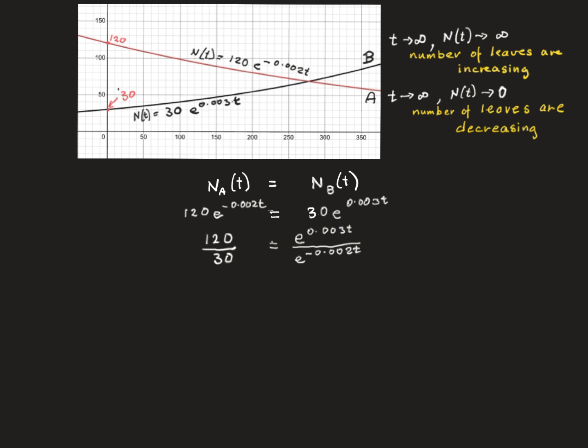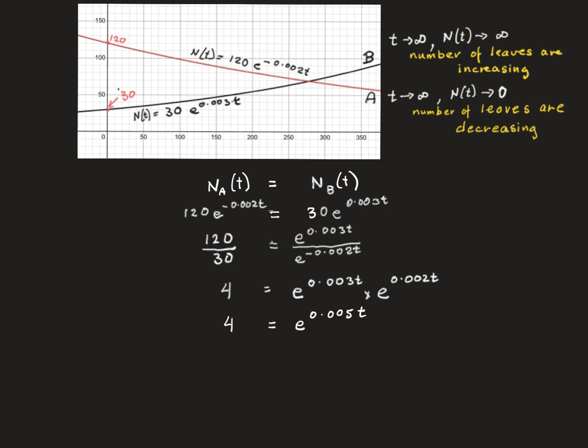120 over 30 is 4, and the negative exponent in here can be moved to the numerator. And as they are both to the same base e, we can add the exponents together.